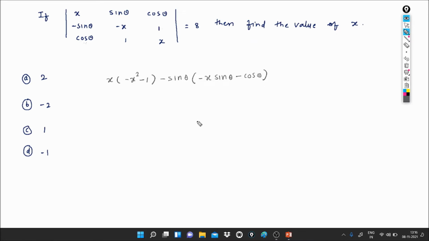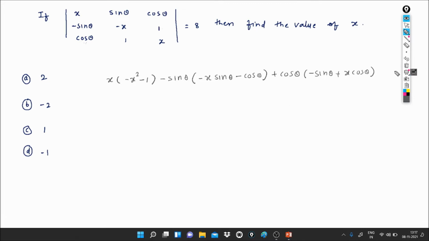Then plus cos theta into, deleting first row and third column, minus sine theta. Multiplication of these two, minus minus plus, x cos theta.